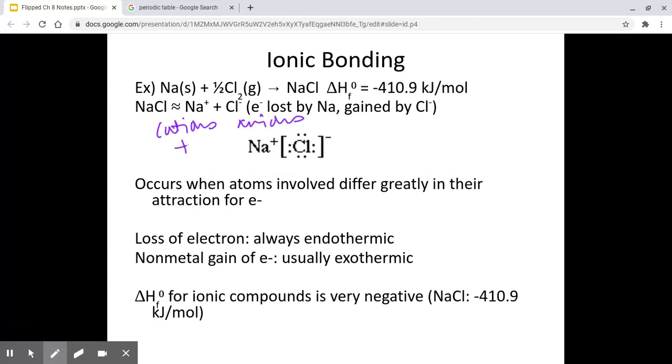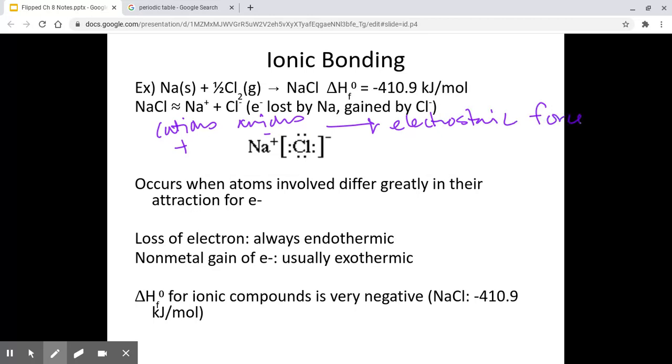Remember, cations have a positive charge, anions have a negative charge. Cations and anions are attracted to each other. And again, that positive and negative attraction or repulsion is called an electrostatic attraction or electrostatic force.